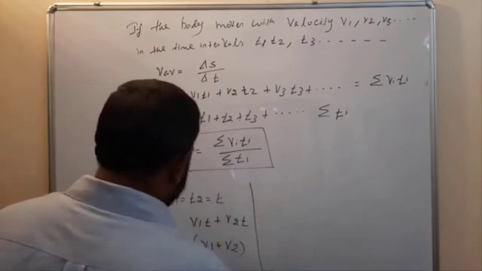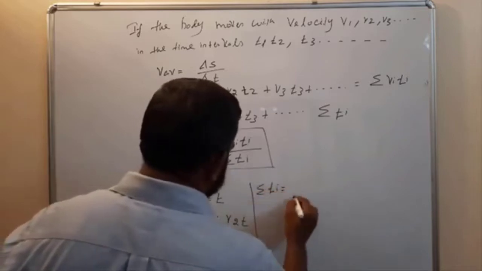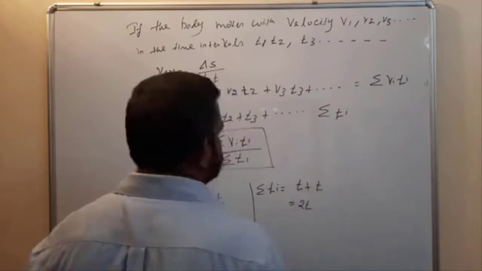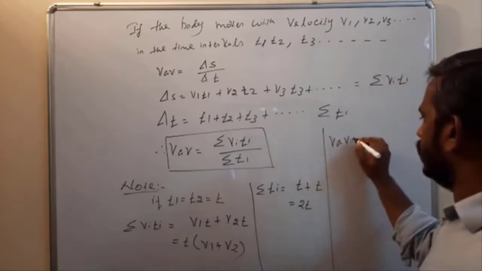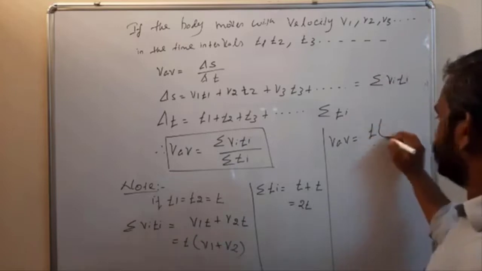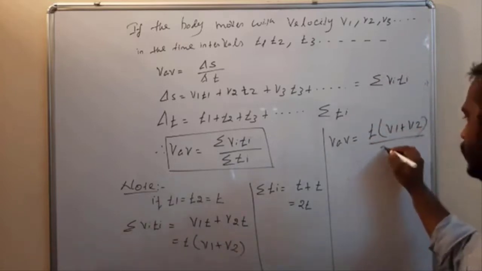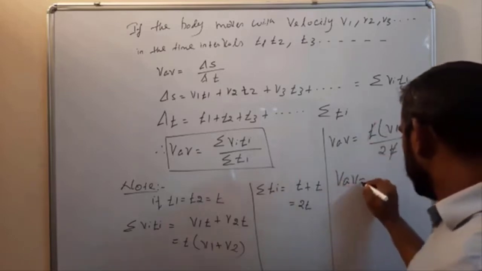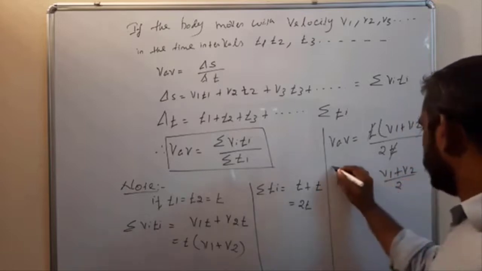Then summation of Ti is equal to T plus T, that's equal to 2T. So V AV is equal to T into V1 plus V2 divided by 2T. So T gets cancelled. So V AV is equal to V1 plus V2 divided by 2.